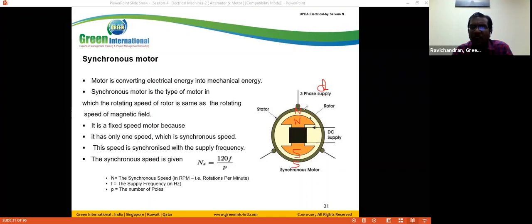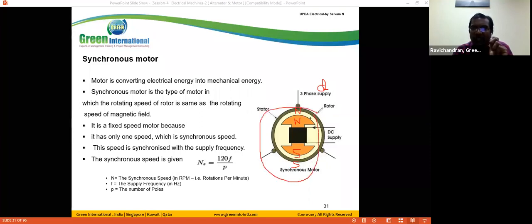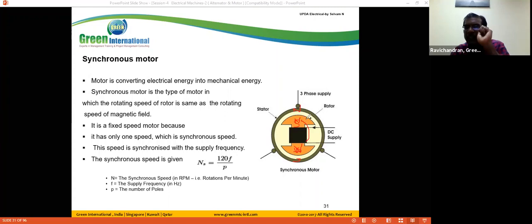At a particular instant, because we use the rotating AC supply in the stator, this magnetic field is rotated. But at a particular instant, here we have a north pole, here a south pole. So the like poles repel each other. So that's why this rotor tilted, here north pole, here south pole. So all this happens at the particular instant.